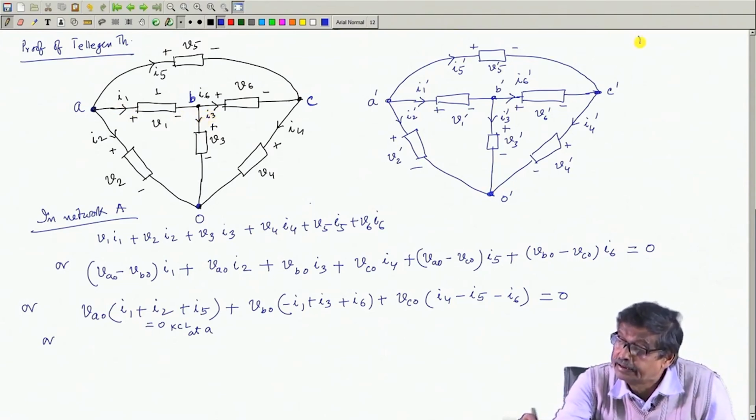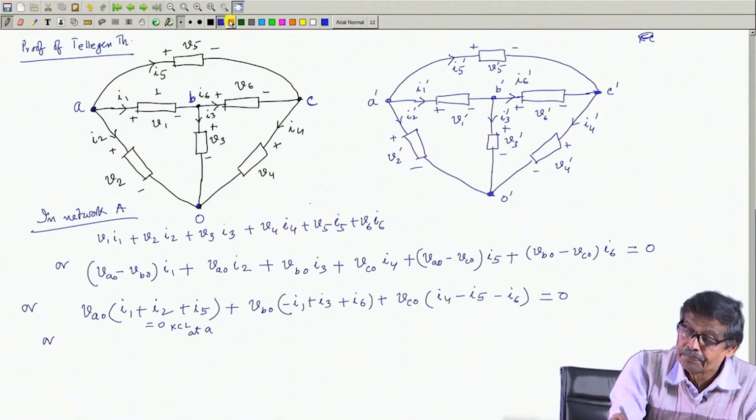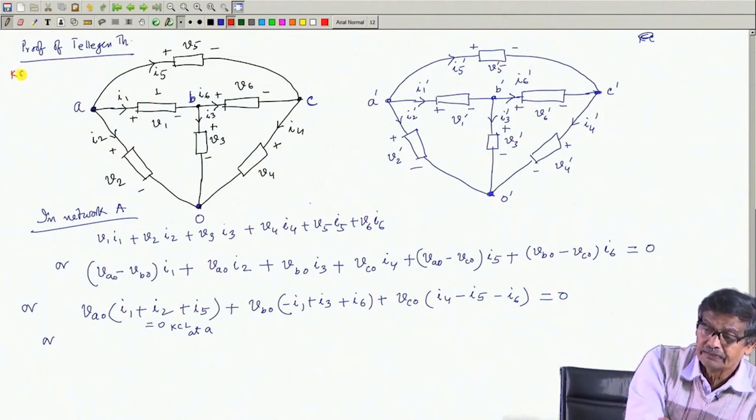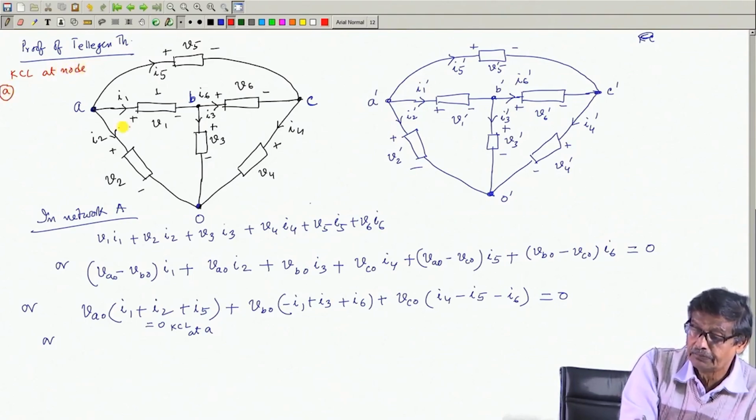So, here I write KCL this side only for this, KCL at node A, what it will be? All currents are coming out from the node, I1 plus I2 plus I5, this must be equal to 0.